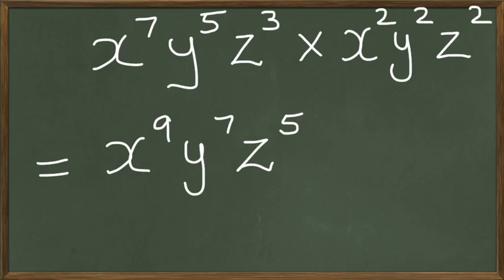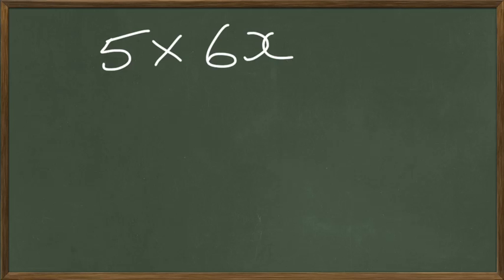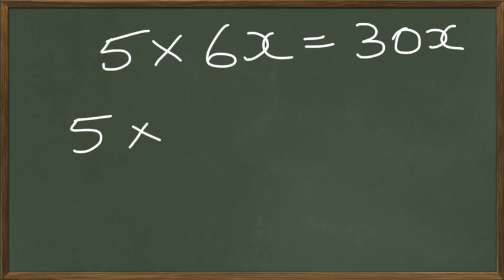Got a few more ideas to cover, and then we're done with this. Now this is something that you would have done before. If you remember, you would have done 5 times 6x equals 30x. So what if we do something like this? 5 multiplied by 6x squared.